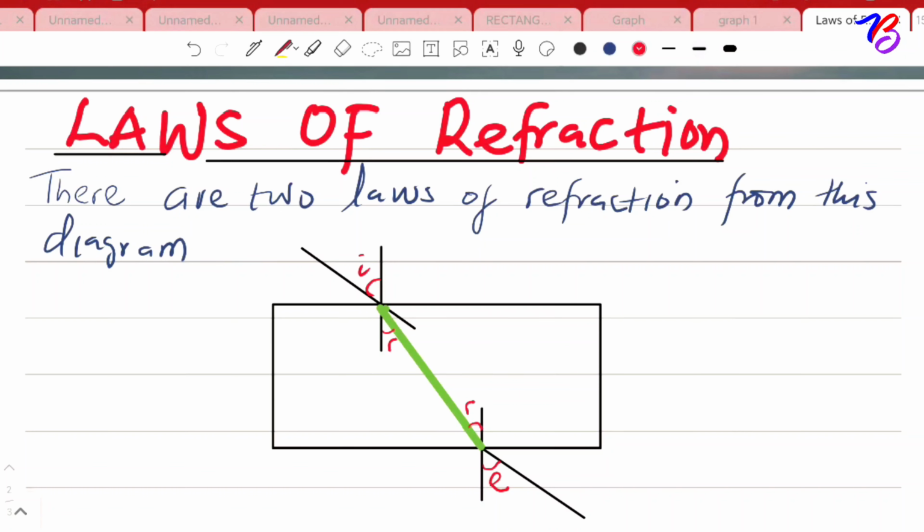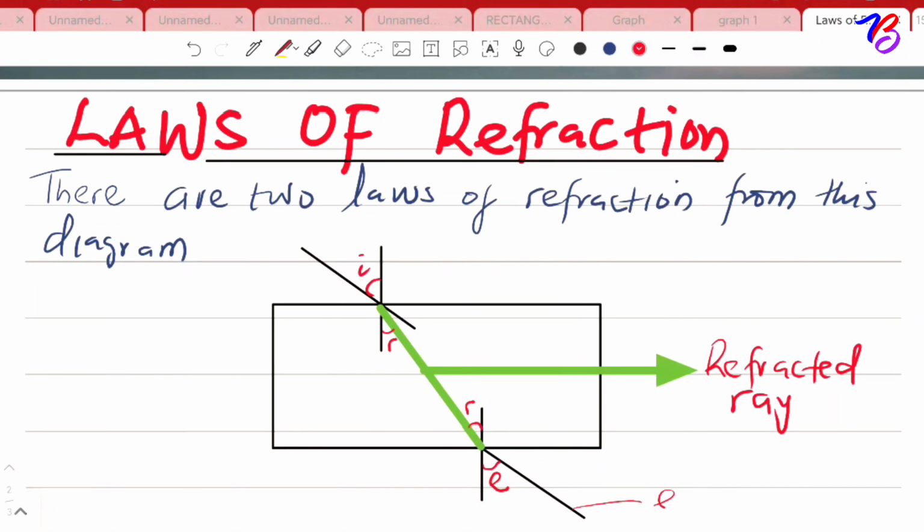Then we are going to represent or label the rays. We have the refracted ray in green. We'll label that as the refracted ray. Then we have the emergent ray, and the E is the emergent angle.